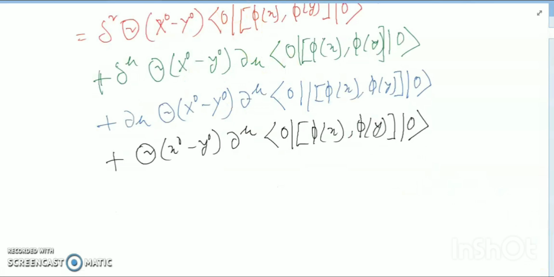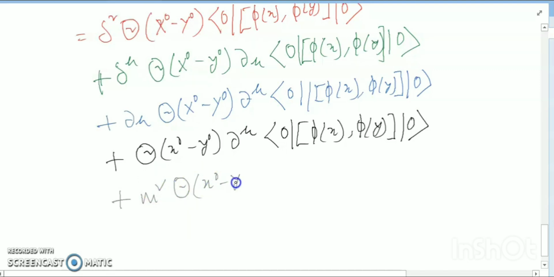So we get the value m square theta x0 minus y0. Very lengthy equations. If there is any error, please point it out. Let's see how many terms: 1 2 3 4 5. Now we will go to the green terms.